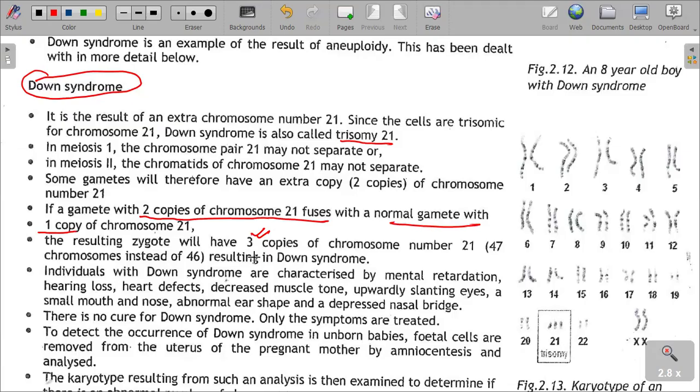That is resulting in what we call Down syndrome. I'm sure this is making sense and we can easily move fast and understand it. Individuals with Down syndrome are characterized by mental retardation.